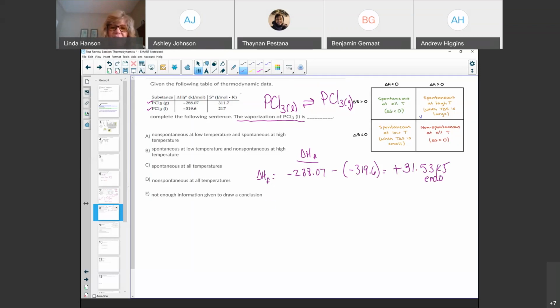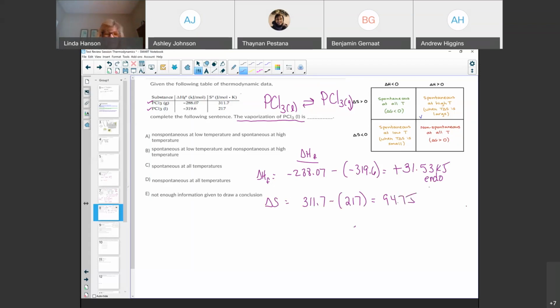And if I do the same strategy for entropy, I'll take the gaseous value, 311.7, minus the liquid value, 217. That's 94.7.